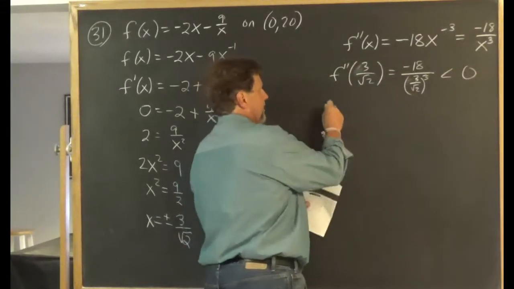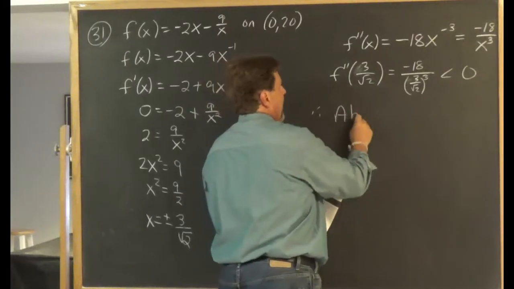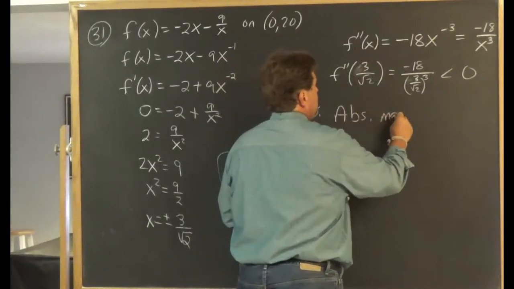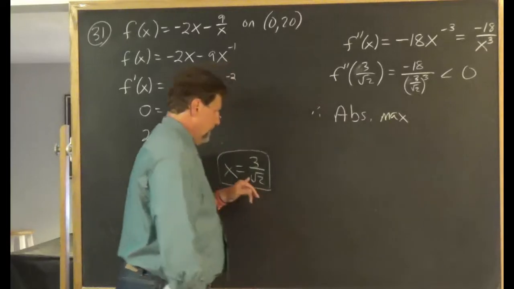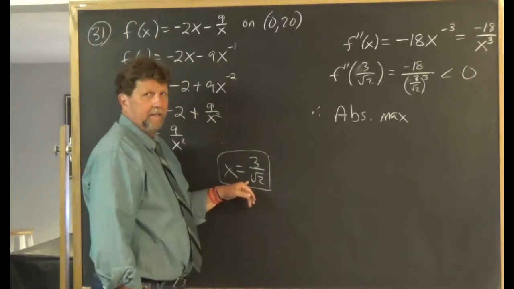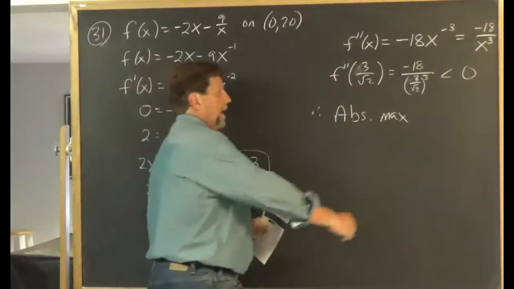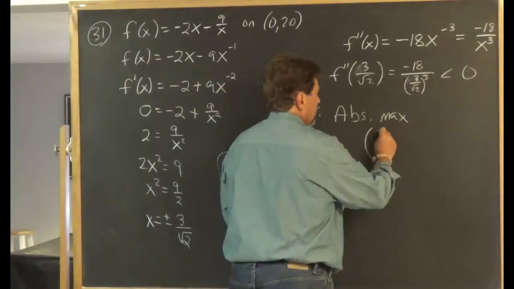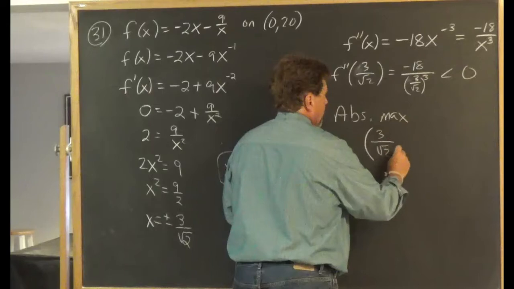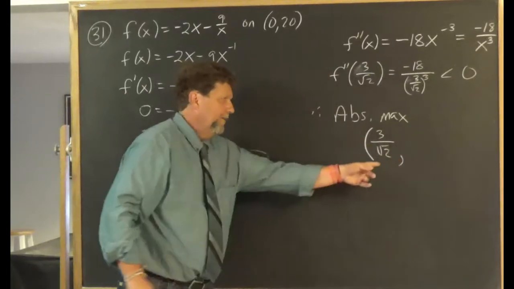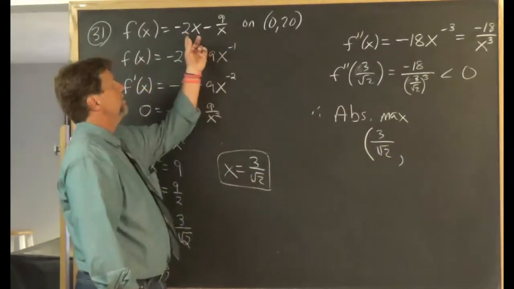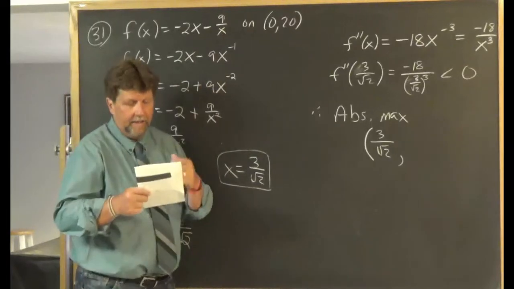Since it's negative, that tells us we have an absolute maximum at this value of x, 3 over square root 2. I'll write it as an ordered pair. 3 over square root 2 comma. Okay, now I have to take 3 over square root 2 and toss it back into the original function for x.